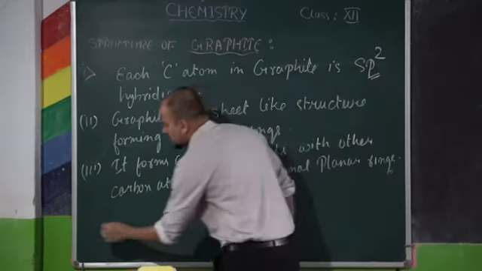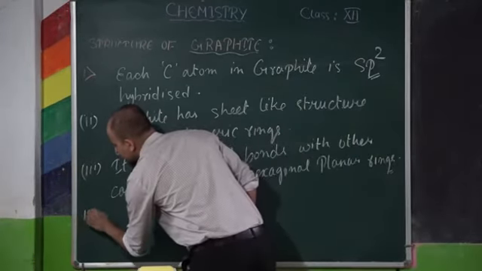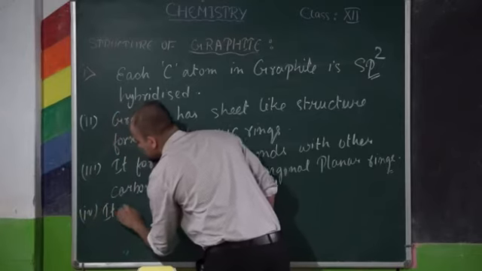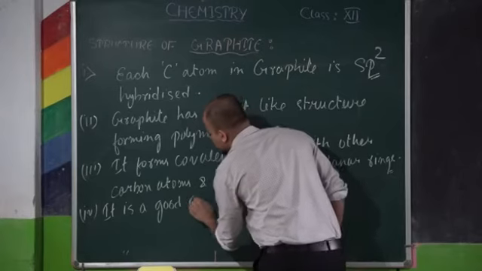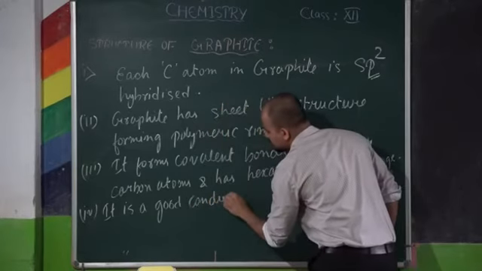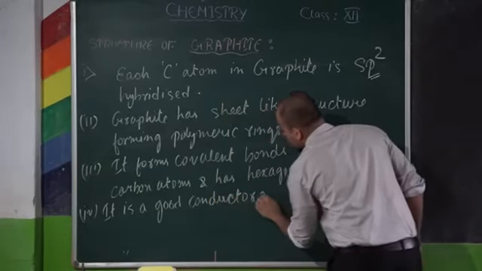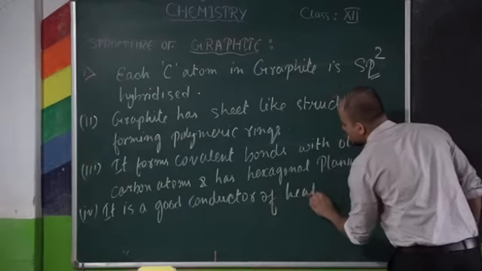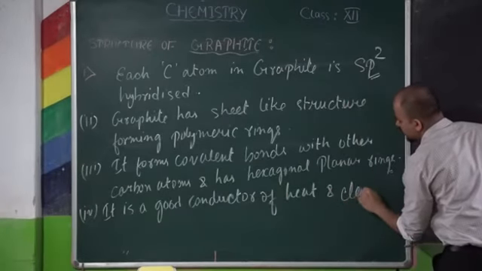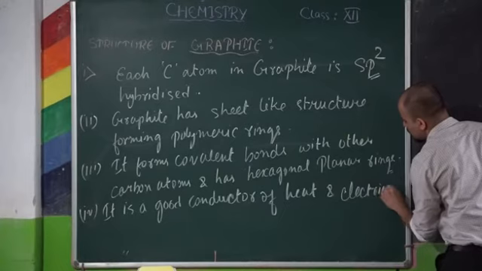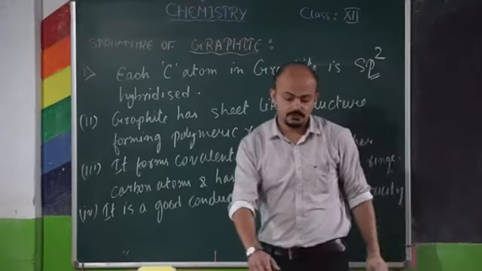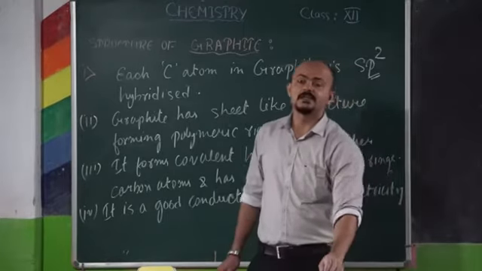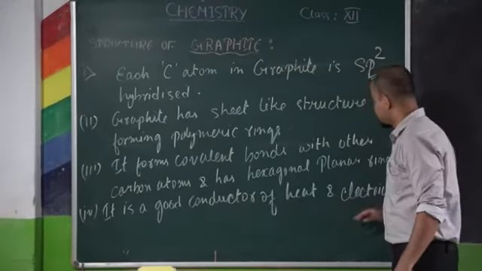And as I told you at the beginning, it is a good conductor of heat and electricity. Why? Let's explain why it is a good conductor of heat and electricity.